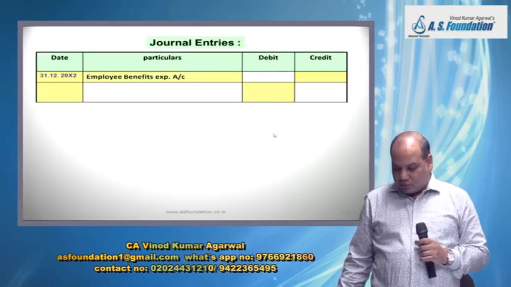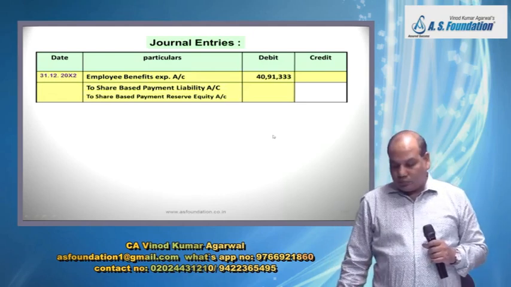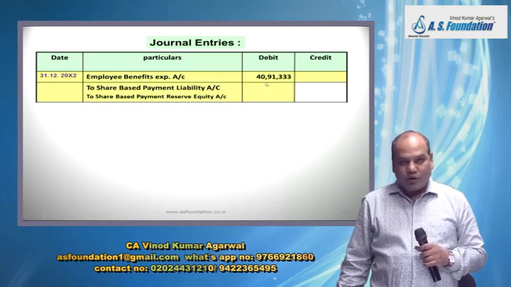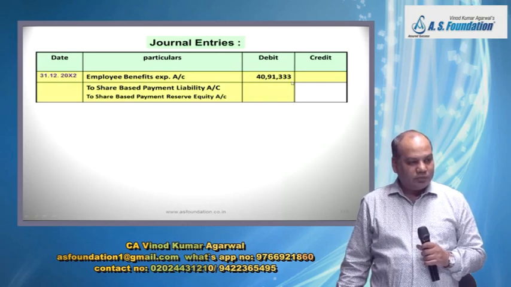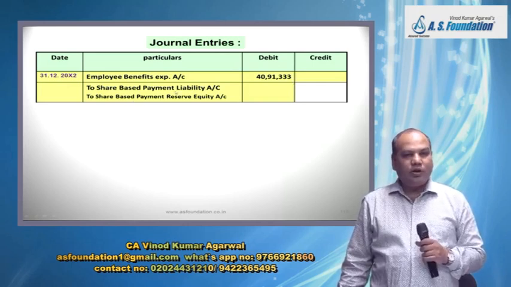And then you write down in the third year, 31/12/20x2, employee benefit expense account debit 40,91,333 to share based payment liability account.